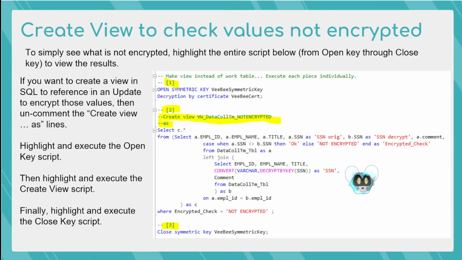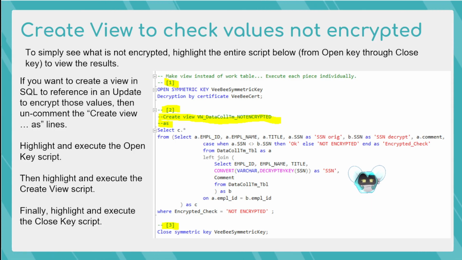So once we make a join on the original table versus our decrypted version of the table, we have this case statement that sees, does the value from the original table not match the value of the decrypted version?